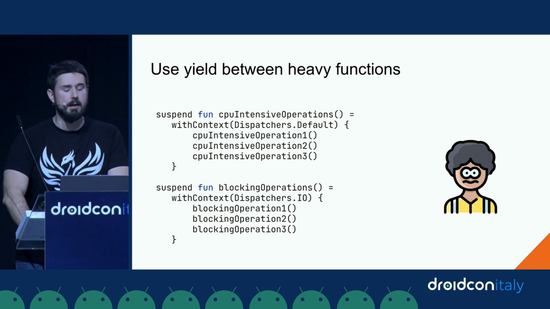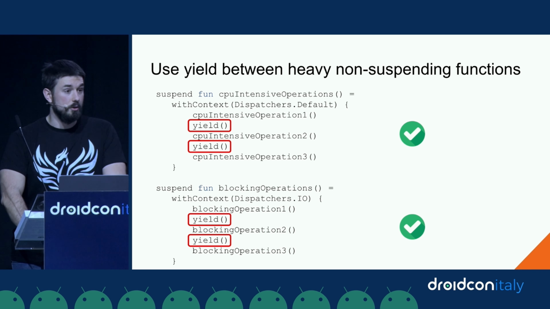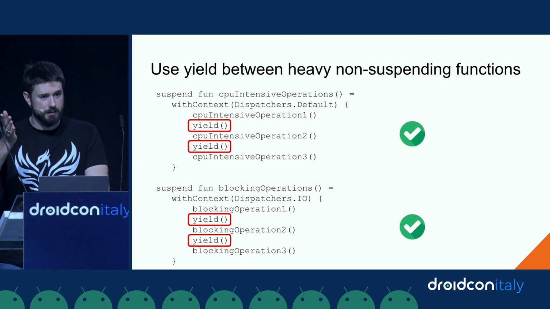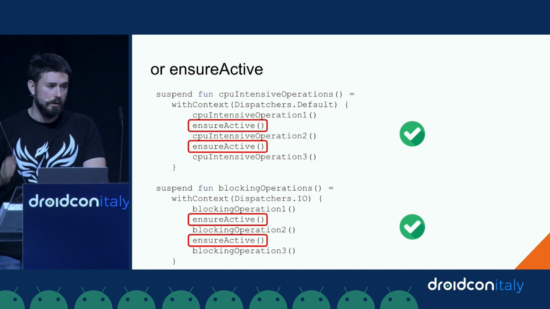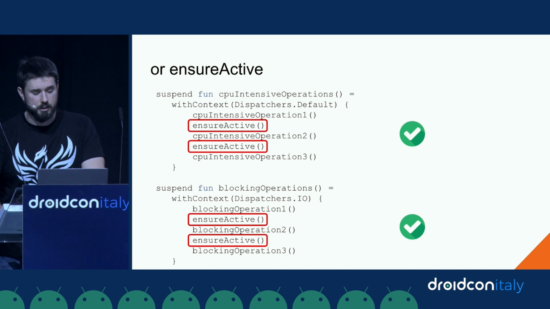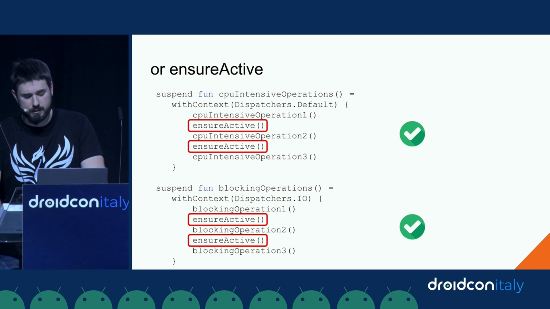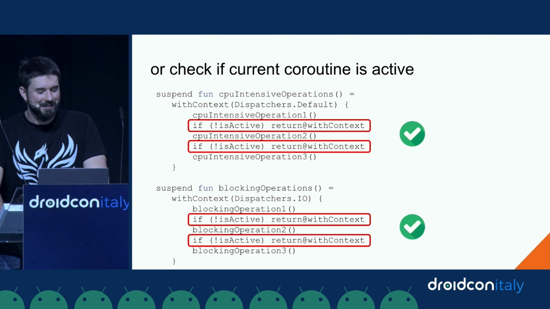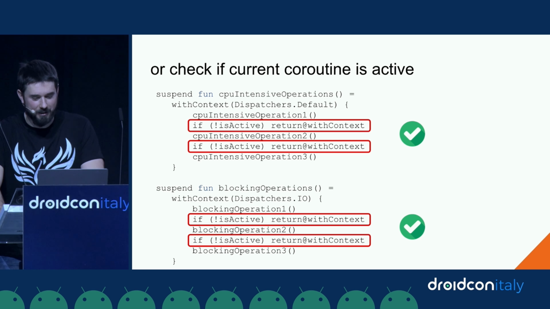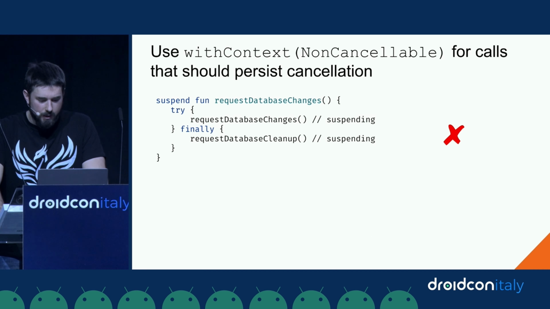There are three main ways to do that. We can either use yield, which suspends and resumes, giving a space for cancellation and redispatching. We can use ensureActive, which is a lighter function that just throws a CancellationException if the scope is cancelled, so it is giving a space for cancellation. Or we can use plain old isActive, like in bad old Java.